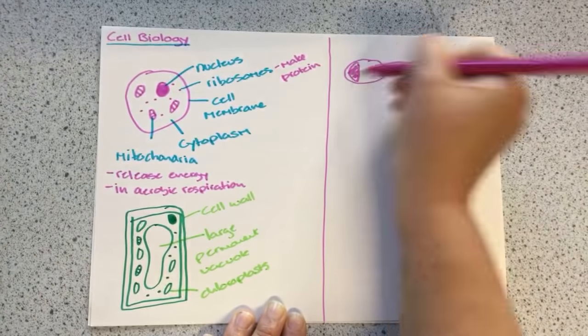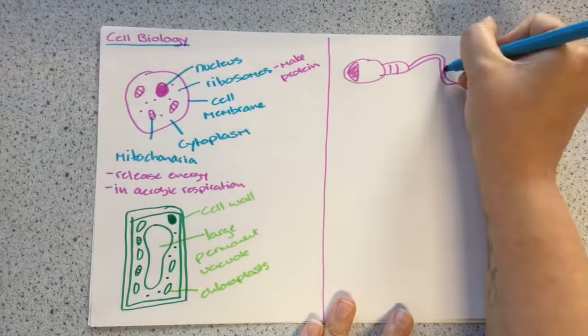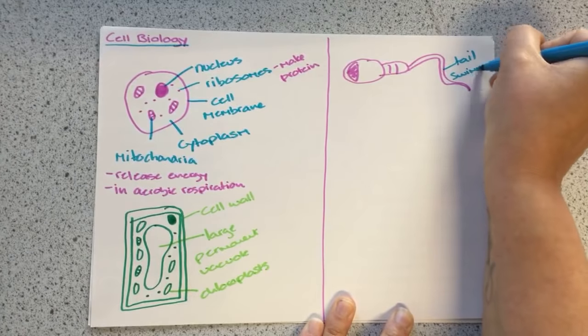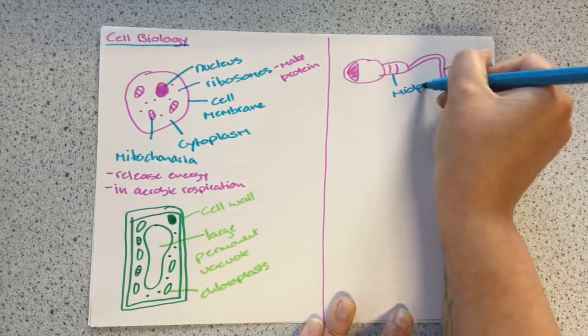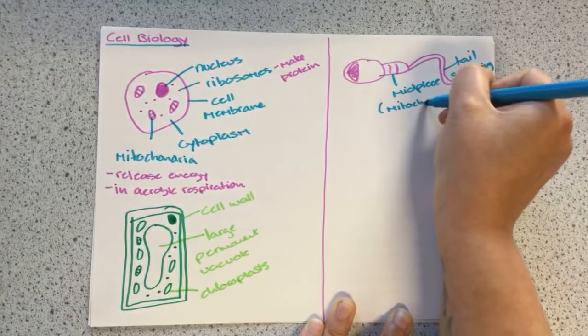So you have got here a sperm cell. Identifying features of a sperm cell, obviously got a tail. You need to know why, for swimming. Got a mid-piece. And inside the mid-piece there are lots of mitochondria.